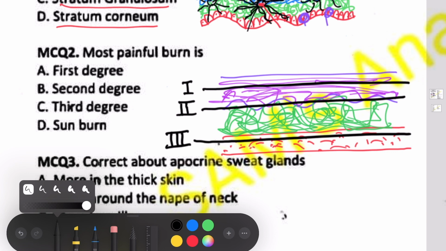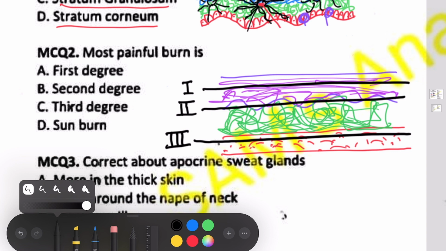Now talking about the second degree burn, it is like when boiling liquid, let's say oil, spills on your skin. There's enough pain, and there will be blister formation, and those blisters will gradually peel off.